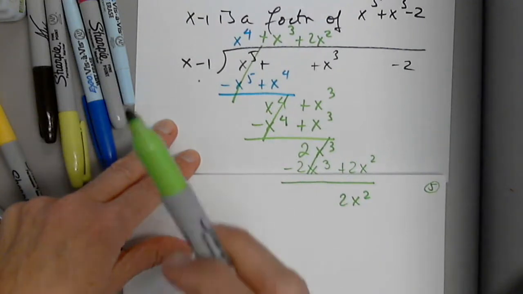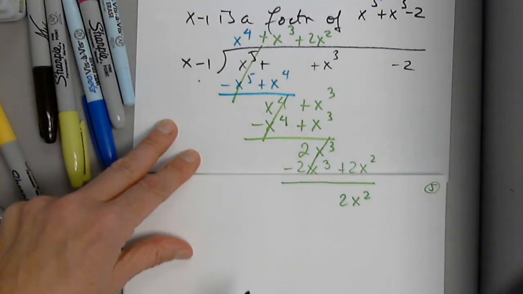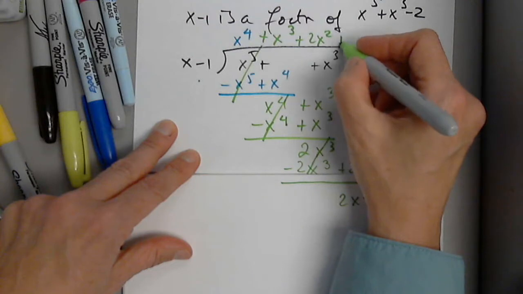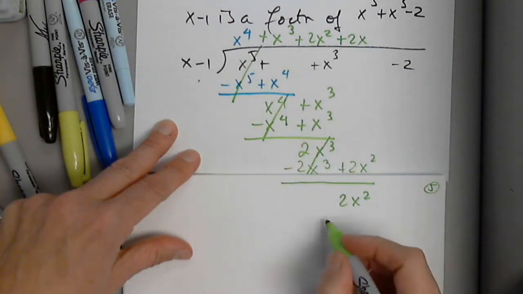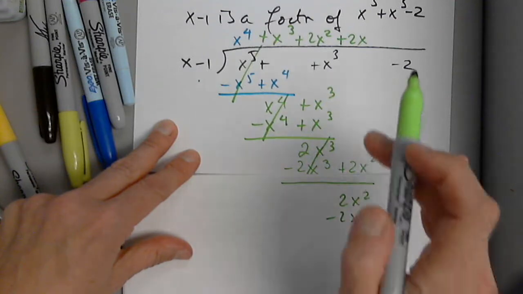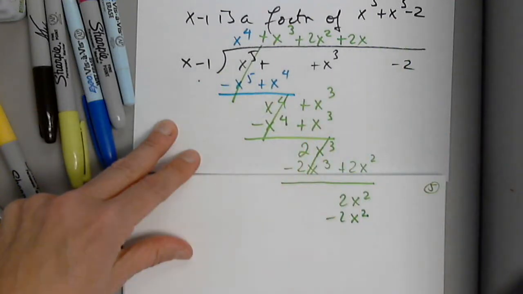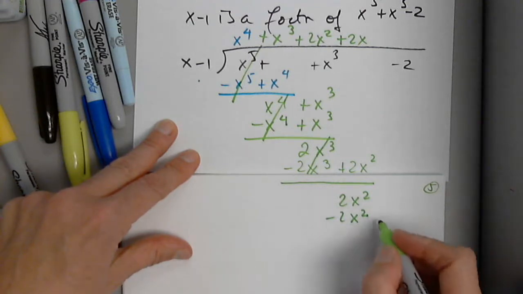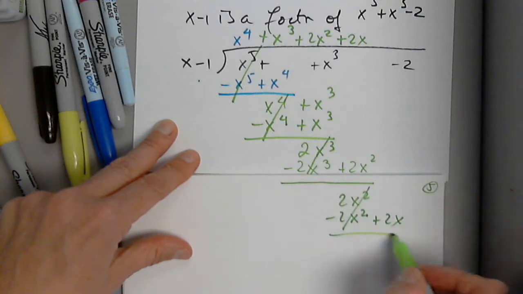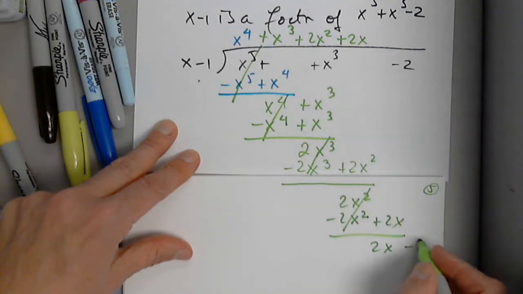Next question. X times what is 2x squared? Sign? 2x times x is 2x squared, but I have to subtract. 2x times -1 is -2x, but I have to write positive 2x. So finally 2x, and I finally bring down -2.